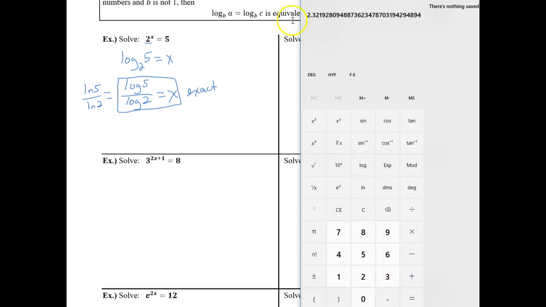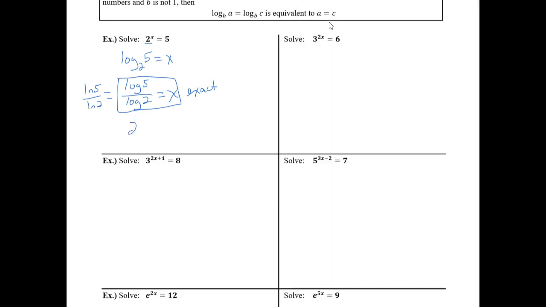That will equal, and I didn't say where to round any of this, so let's just say to the hundredths, 2.32 approximately. Just pay attention to where your homework asks you to round it versus leave it exact. Okay.